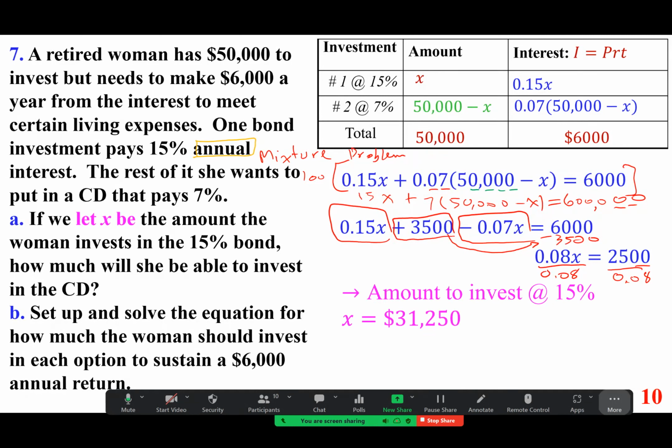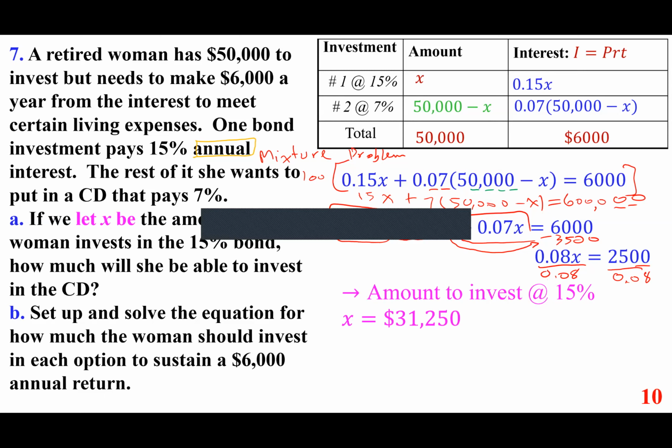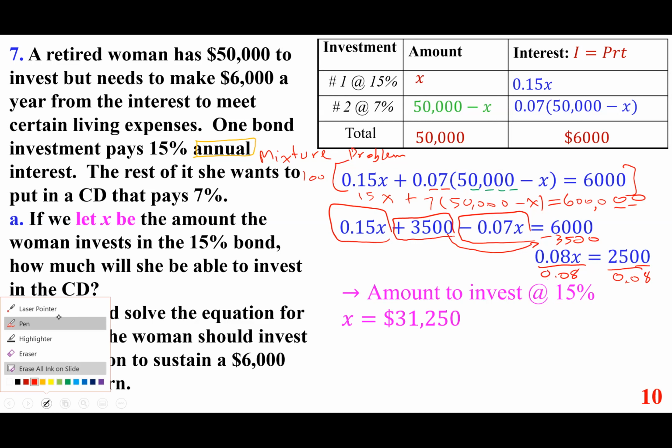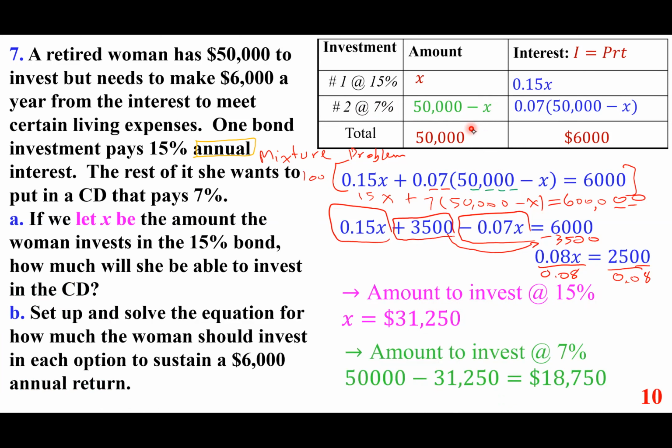So the amount to invest at 15% is $31,250. How much do we spend at 7%? 50,000 minus this number. 50,000, take away this number. $18,750. So I hope everybody's clear. It's really not too bad. It's very straightforward.